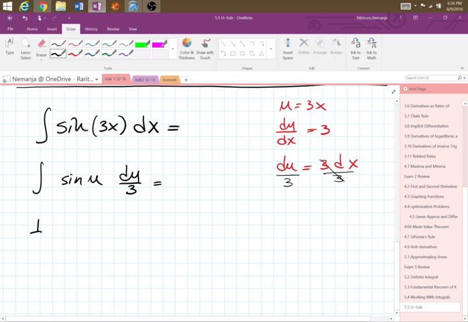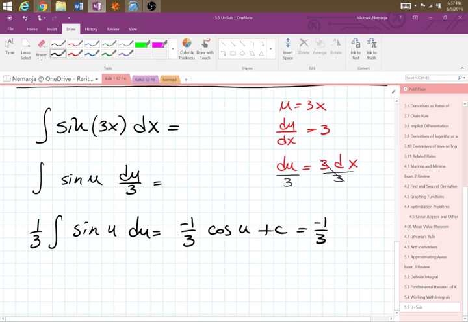We kick 1/3 in front of the integral, and all we need to integrate is sine u du. What is that equal to? Negative cosine u. So negative 1/3 cosine u plus c, which is negative 1/3 cosine 3x plus c.